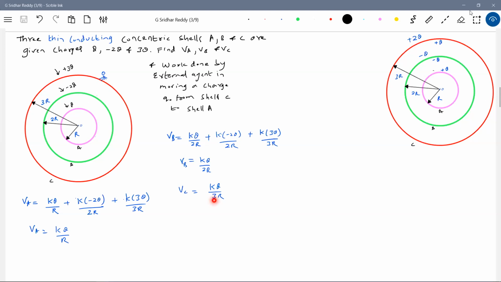It should be 3R only. You should not take the difference. Wrong. This whole charge plus Q will appear at the center for this person, an assumption from Gauss law. Similarly, the whole charge minus 2Q will appear at center O for this person. So this will be K. And the person is on the surface, so potential.